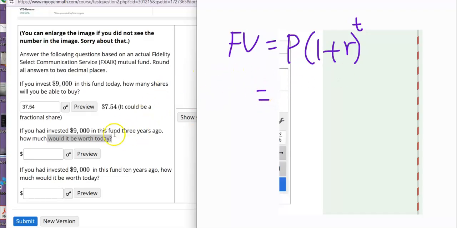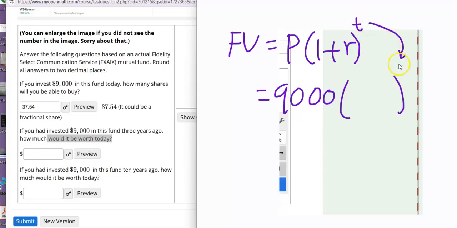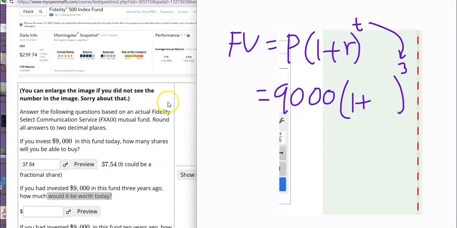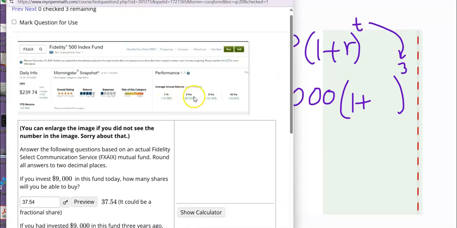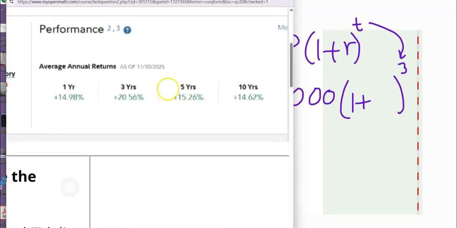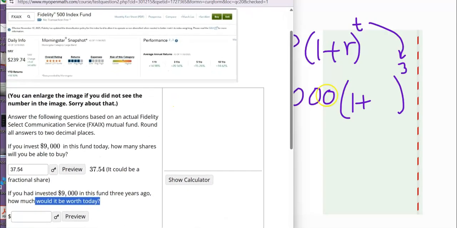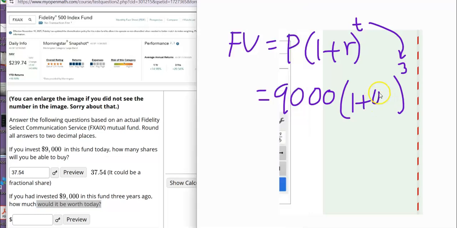So what's the P here? P is $9,000. If you had invested $9,000 3 years ago, time here is going to be 3 years. So 1 plus, what's the R here? Notice that 20.56 is the 3 years return. So as a decimal, this is going to be 0.2056.